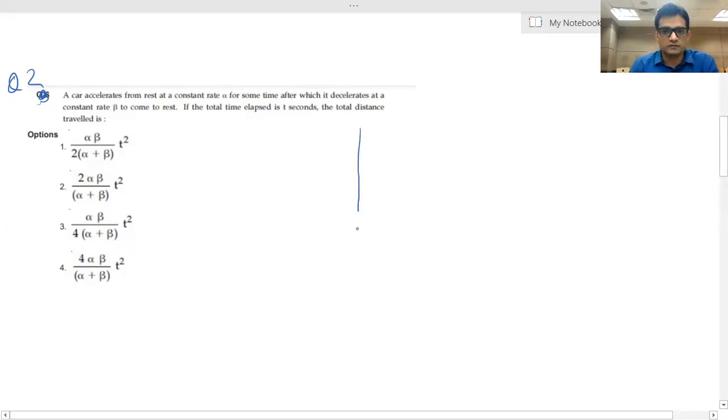So in this case, we'll make a VT graph, velocity time graph. So this is velocity and this is time, and it is accelerating at a constant rate alpha for time t1, and then it is decelerating at a constant rate beta for time t2.